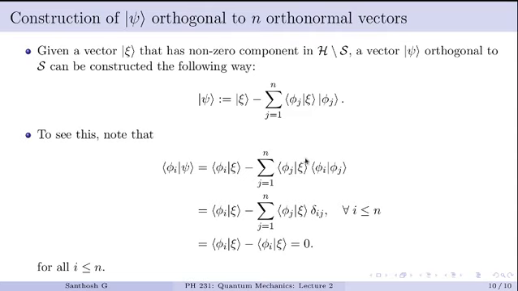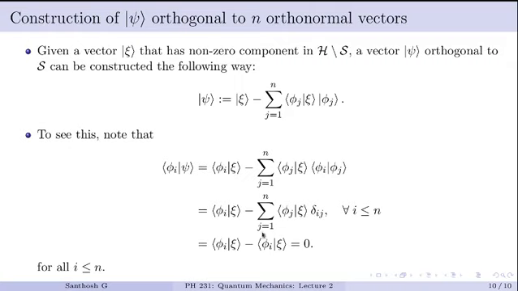Then this complex number comes out. Then we have the inner product of phi i with the ket phi j. Now we have already assumed that the kets phi i are orthonormal, and therefore the inner product of phi i with phi j is the Kronecker delta, delta ij.